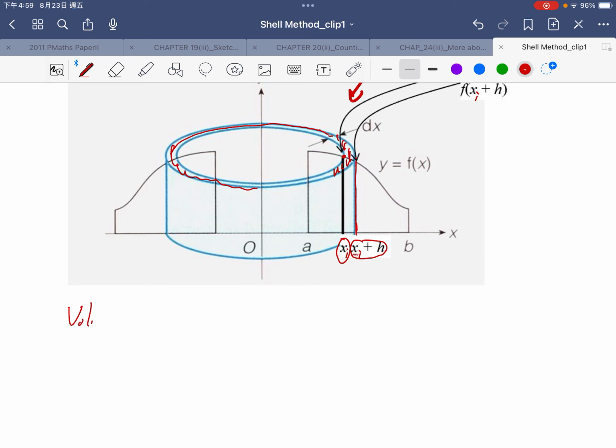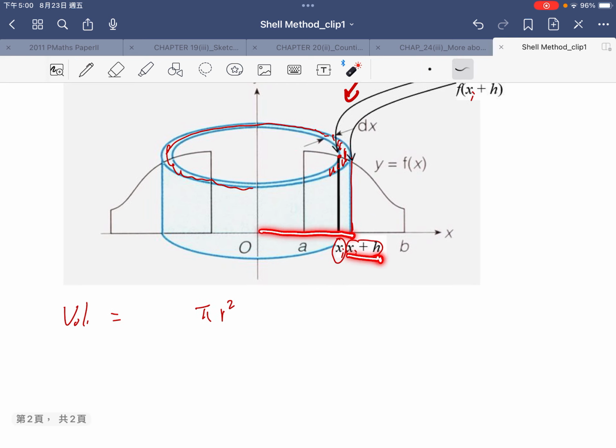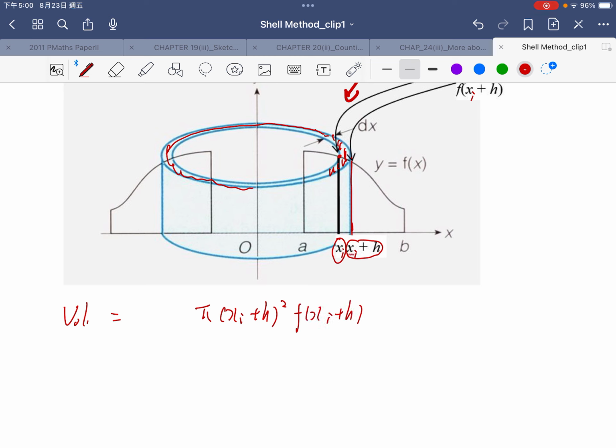Therefore, for a piece of shell, it is pi r squared, where r, for the outer part, is x_i plus h, squared, times the height f(x_i plus h), minus the inner part, pi x_i squared f(x_i).